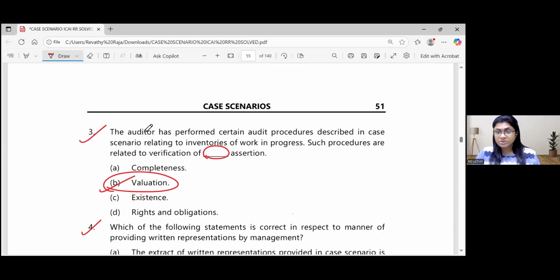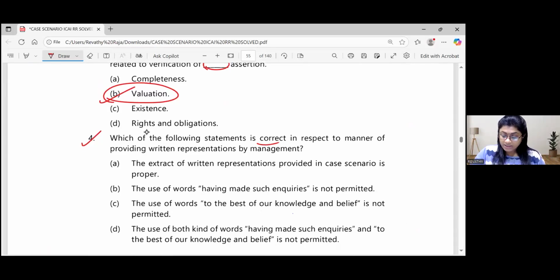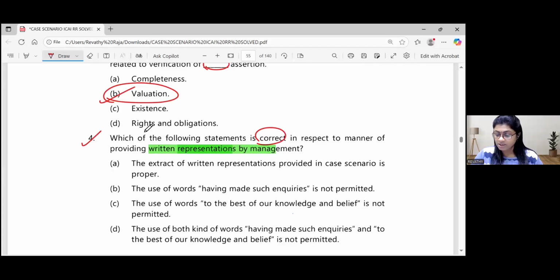Can we go to the last question? Which of the following statements is correct with respect to providing written representation by management? Written representation, SA 580.